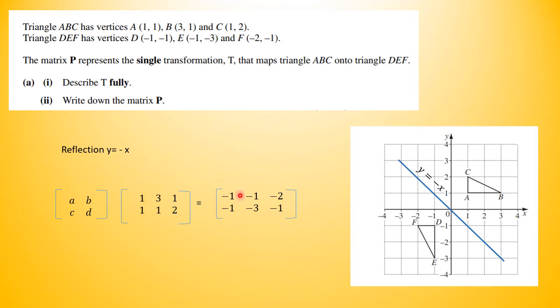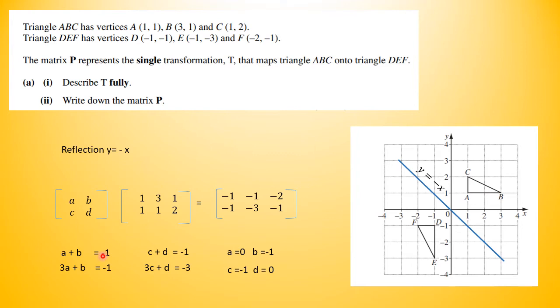Thereafter, we use the matrix multiplication row by column technique to find the matrix P. So how do we do this? a times 1 is a, and b times 1 is b.